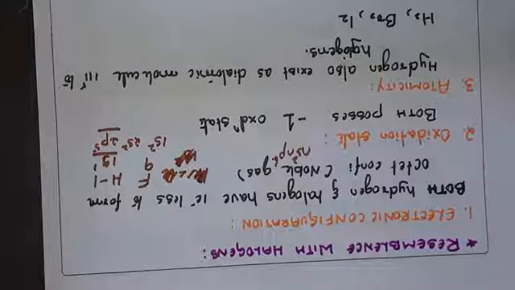Now, let us look into the next concept, the isotopes of hydrogen. Firstly, what do we mean by isotopes? Isotopes are species having the same atomic number but different mass numbers. Hydrogen exists in 3 isotopic forms: H-1, H-2, H-3. H-1 is known as protium, H-2 is known as deuterium, and H-3 is known as tritium.